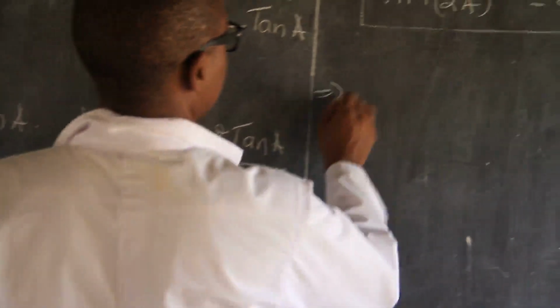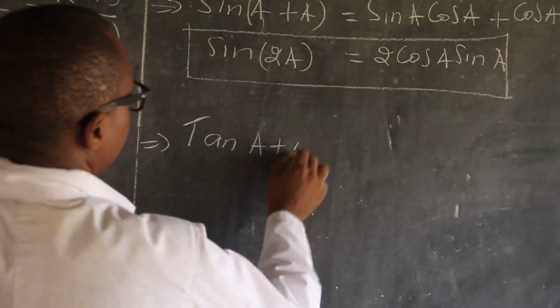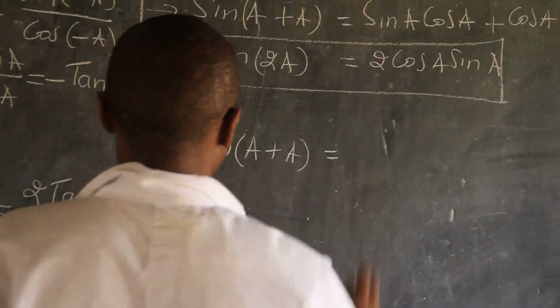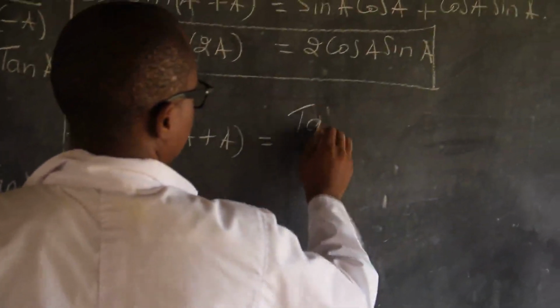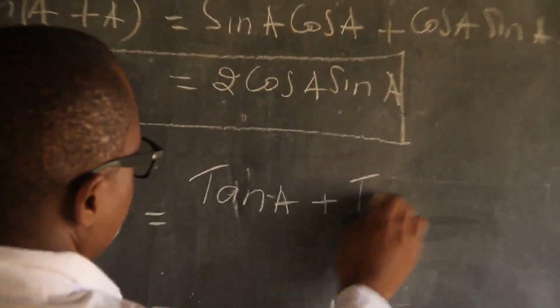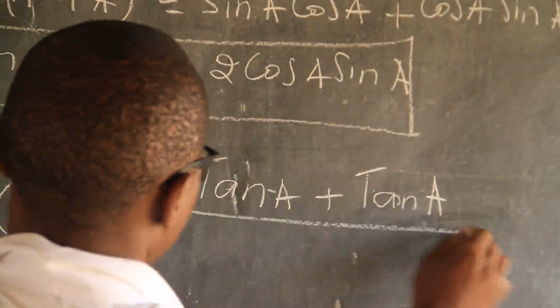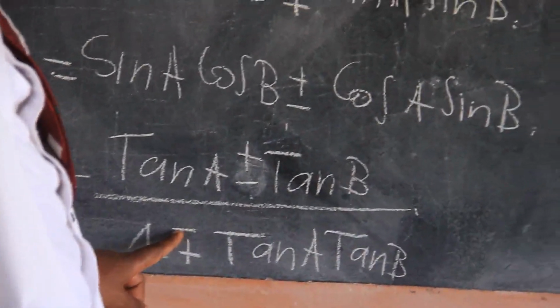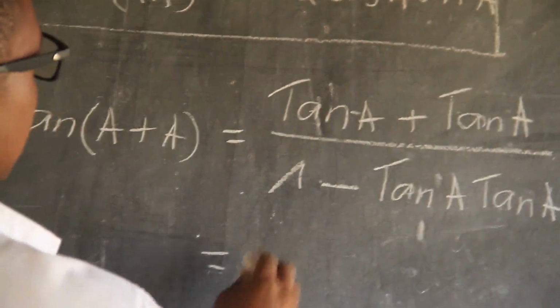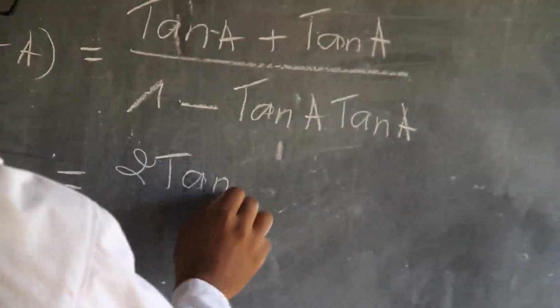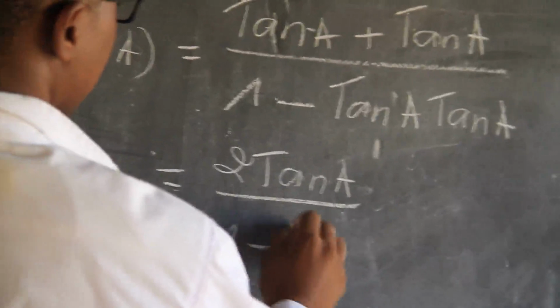So what about tan? Tan A plus A. According to this, it is tan A plus tan A over 1 minus, because for plus it becomes minus, tan A tan A. So it is 2 tan A over 1 minus tan square.